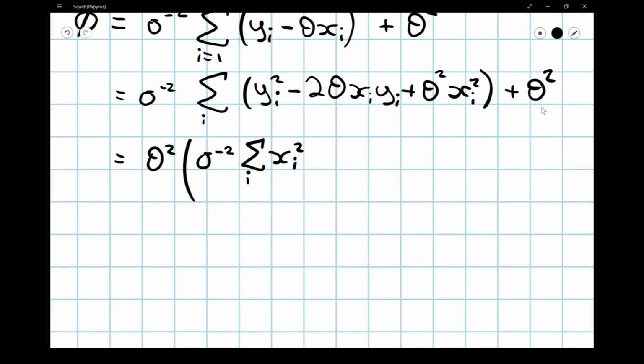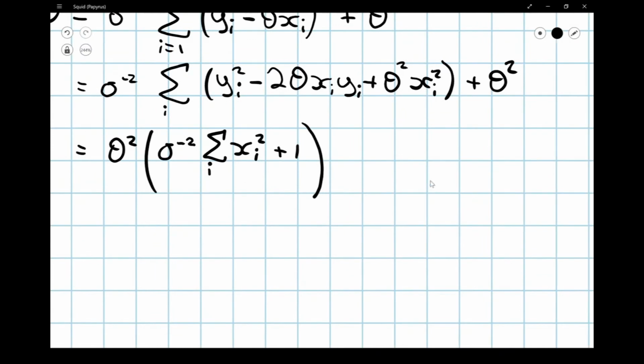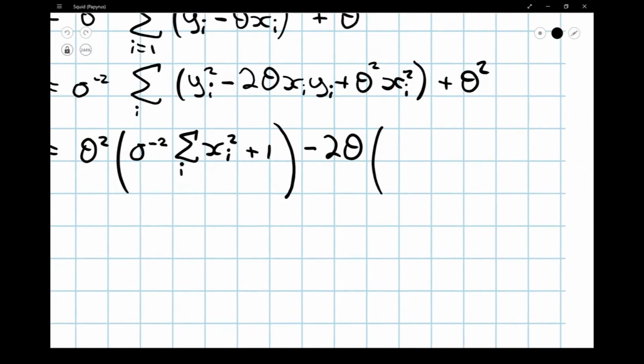And finally, because of the prior, we have a theta squared over there, so that's plus 1. So automatically we know that this has to be the precision, the inverse variance of our posterior distribution. Likewise, we ask what's been multiplied by minus 2 theta? Well, we have, again, a sigma to the minus 2.